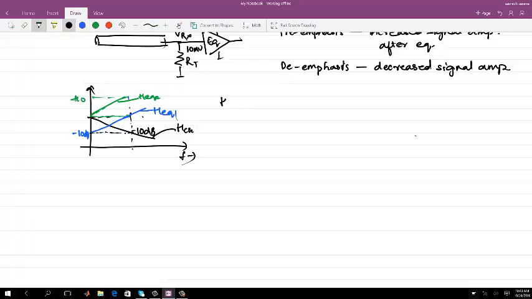So H equalizer 1 is doing de-emphasis, and H equalizer 2 is doing pre-emphasis. In both cases, you equalize the channel, but you have a smaller signal amplitude in the de-emphasis case.